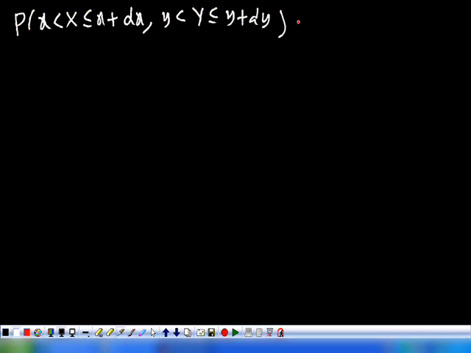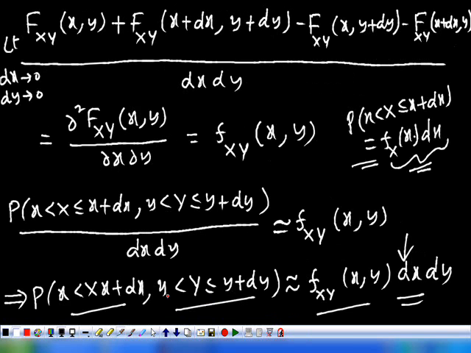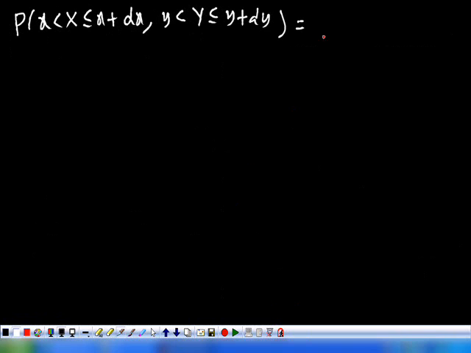Now, the probability of x lying in between x and x plus dx, y lying in between y and y plus dy is equivalent to, see this slide, this is equivalent to fxy of x comma y dx dy.